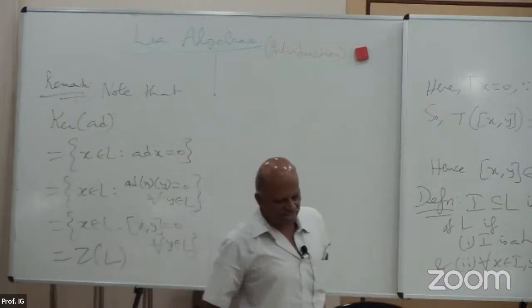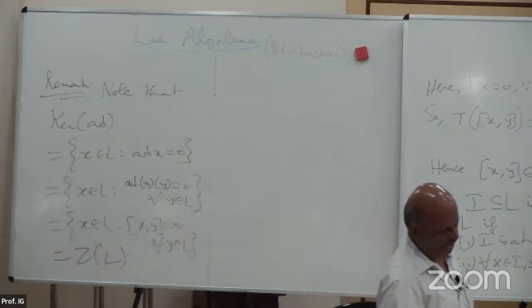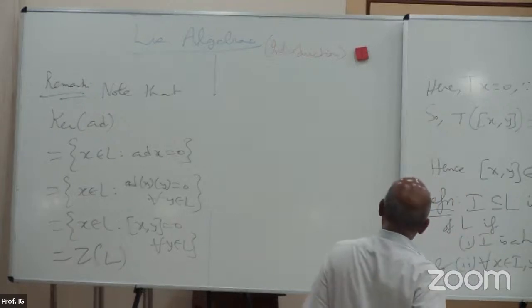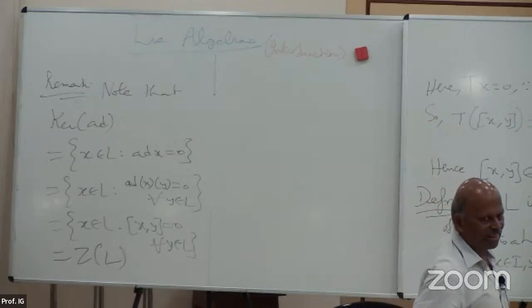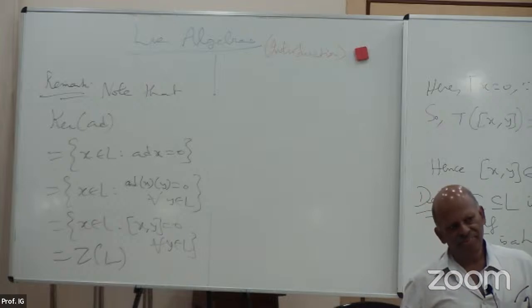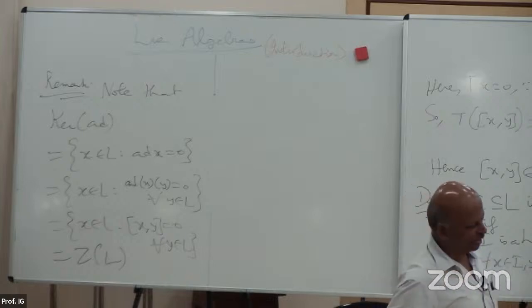So yesterday at the end I mentioned that every Lie algebra is a subalgebra of gl(n). That means it's a linear subalgebra.